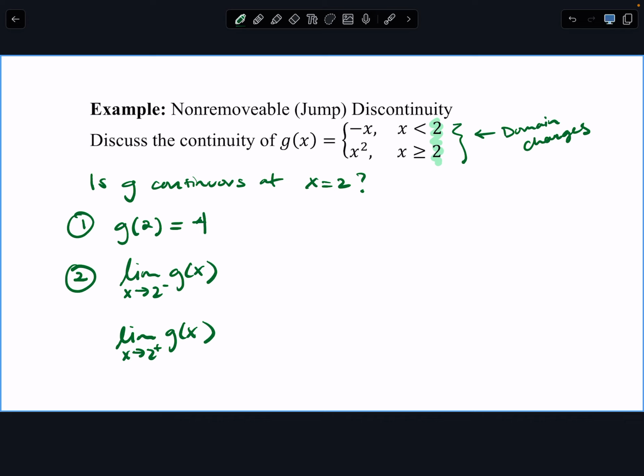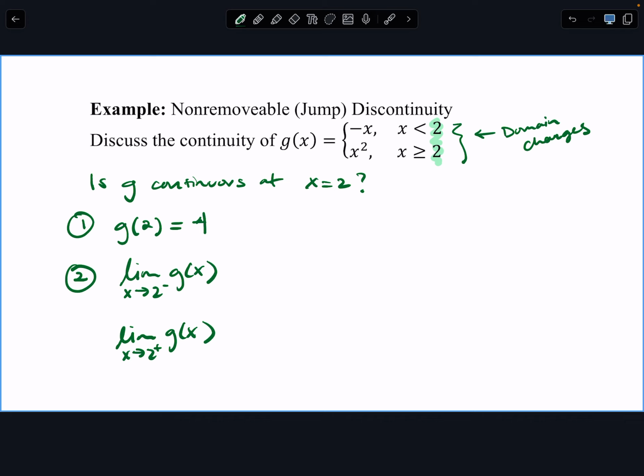If you were being explicitly told, remember I told you to not think about how something would appear in an assessment for these questions, because we're just having a little discussion about the continuity. If you had an assessment question that explicitly asked you to use the definition of continuity at a point to justify if the function was continuous or not, you would want to make sure when you're taking these one-sided limits that you are referencing the function g of x.